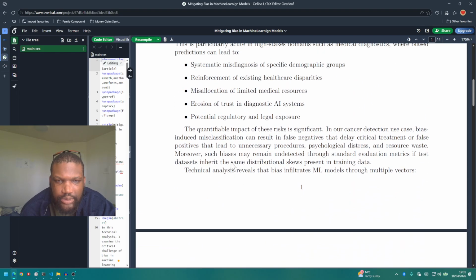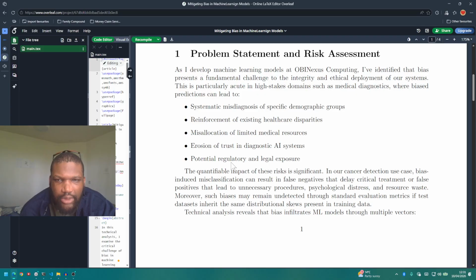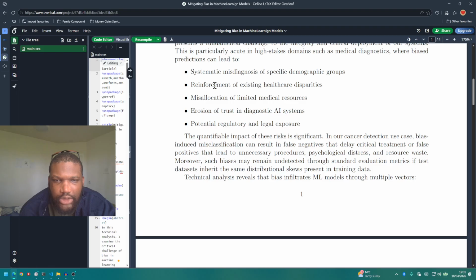Problem statement. As I develop machine learning models and databases, I identified that bias operates in relationship to integrating them into systems. It is particularly acute in high-stakes domains, such as medical diagnosis, where biased predictions can lead to systematic misdiagnosis of demographic groups, and a miscalculation of limited resources.